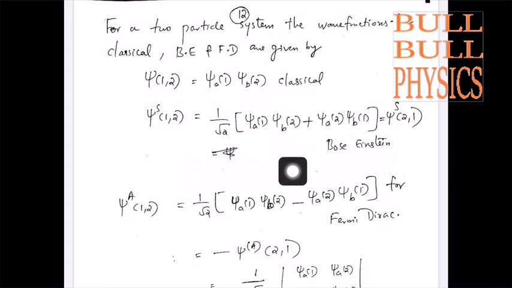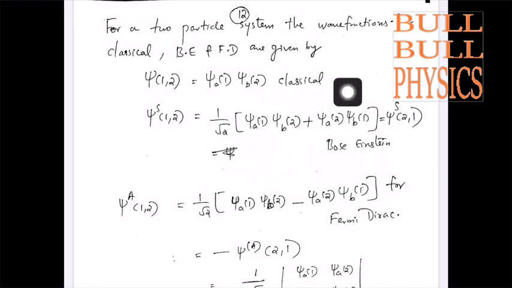Now we define a symmetric wave function out of these two possibilities using this 1 by root 2. This 2 is the number of distributions possible. So 1 by root 2 times psi_a(1) psi_b(2) plus psi_a(2) psi_b(1).